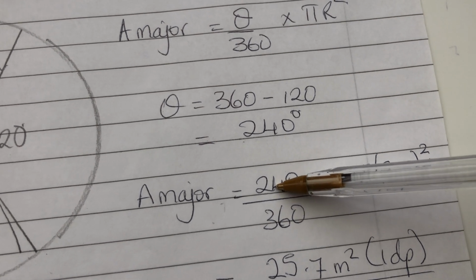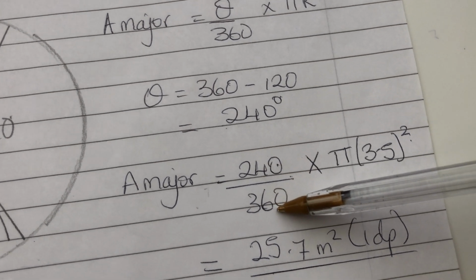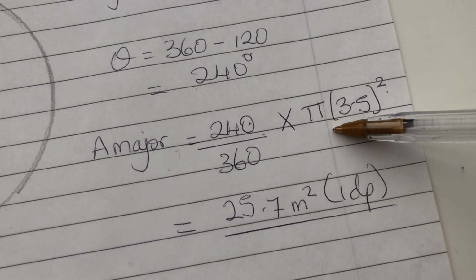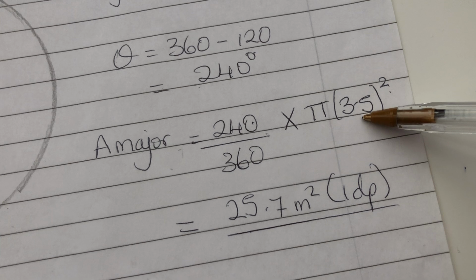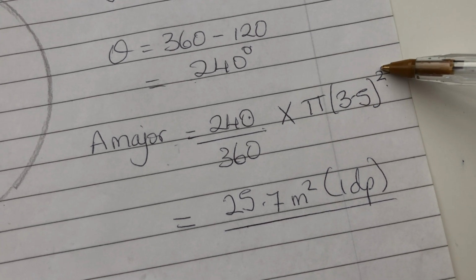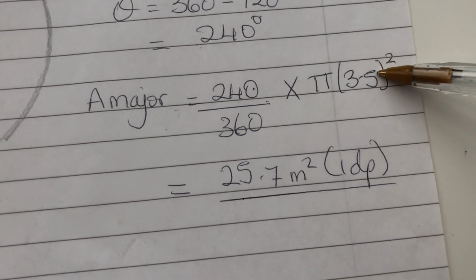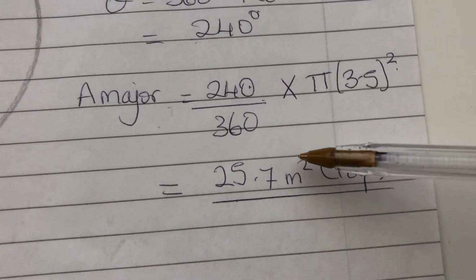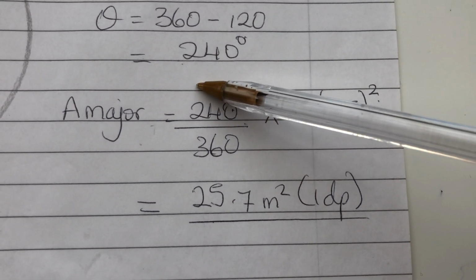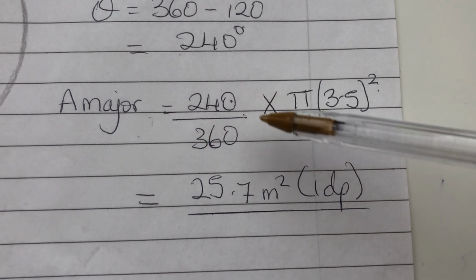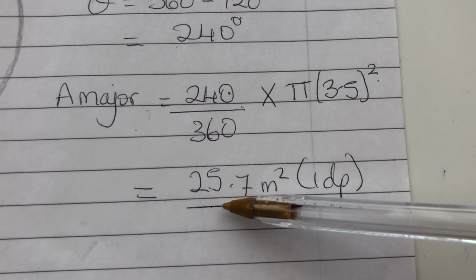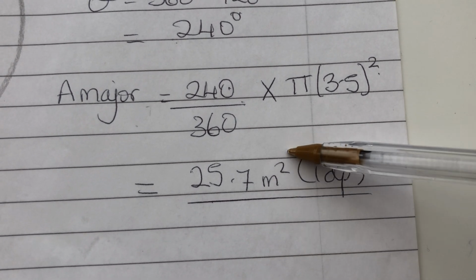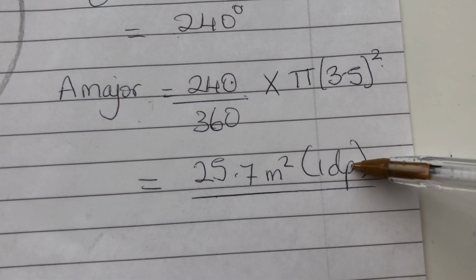So 240 divided by 360 times pi, R is 3.5 meters all squared. No centimeters, meters. Again, putting everything right on the calculator, you get 25.7 meters squared to one decimal place.